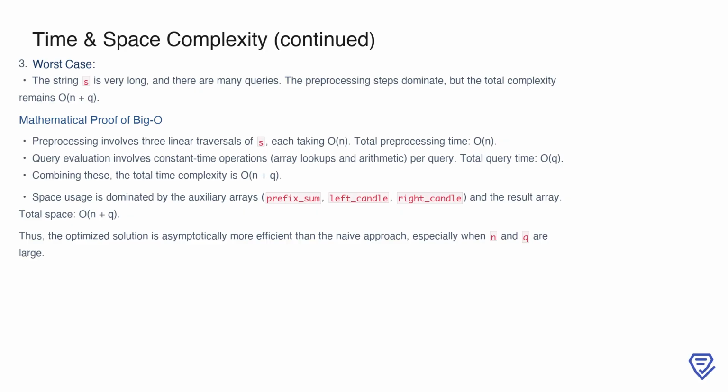Regarding space usage, the auxiliary arrays, including prefix_sum, left_candle, and right_candle, dominate, along with the result array for the queries. This gives a total space complexity of O(n + Q). Compared to the naive approach, this optimized solution is significantly more efficient, especially for larger values of n and Q.